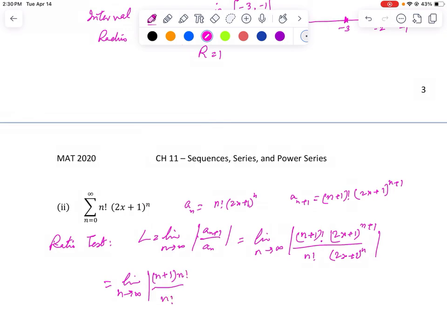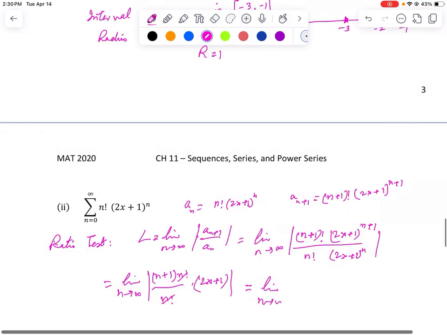From the expression in x, 2x plus 1, on the top I have power n plus 1, at the bottom I have power just n, so I'm left with only one 2x plus 1 factor in the top. So now n factorial and n factorial get cancelled, and we can pull out the term with n. So as n goes to infinity, we have n plus 1 times the absolute value of 2x plus 1.